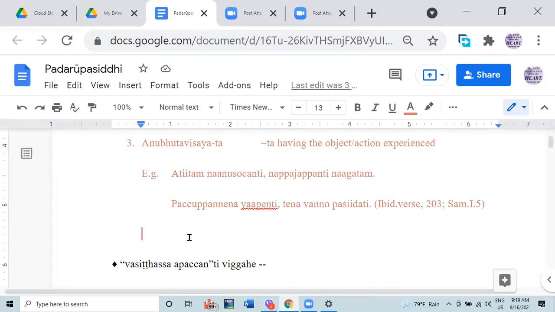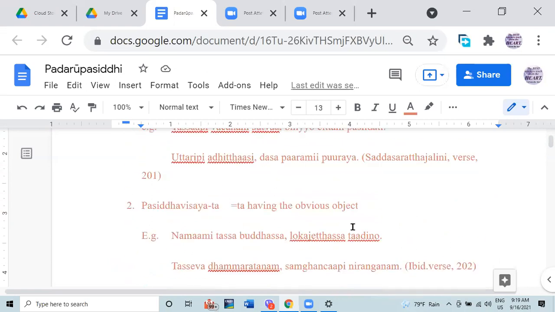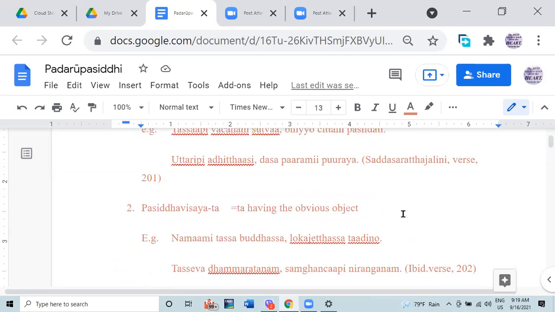This type is Anubuddha Visyata. So it is very important to know if you read Pali texts.